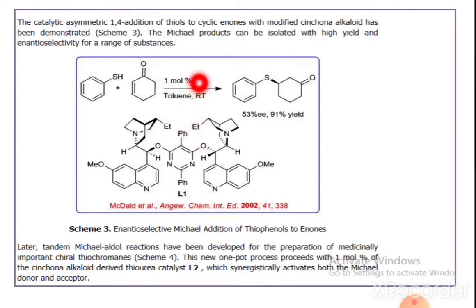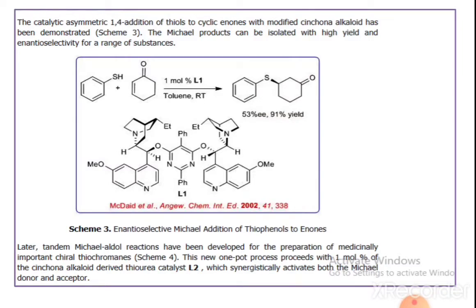Here L1, that means this catalyst, is used, and a simple Michael addition reaction, 1,4 addition, will take place. This H will attack here. Now this bond will be localized. We know the mechanism. It is a simple Michael addition reaction, or 1,4 addition reaction, and here we get the product. That means scheme number 3 is the enantioselective Michael addition of thiophenols to enone.